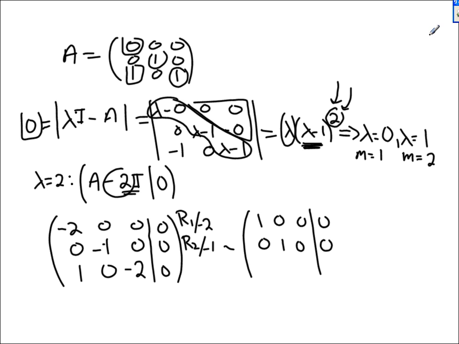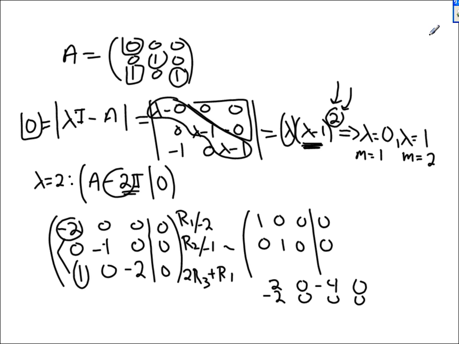And I will take 2 times row 3, which will put a 2 here, and I'll add row 1 to it, all of row 1. Here is 2 times row 3. Here is row 1. And when I add them, I get 0, 0, negative 4, 0. And then I will divide by negative 4. So I get 0, 0, 1, 0.